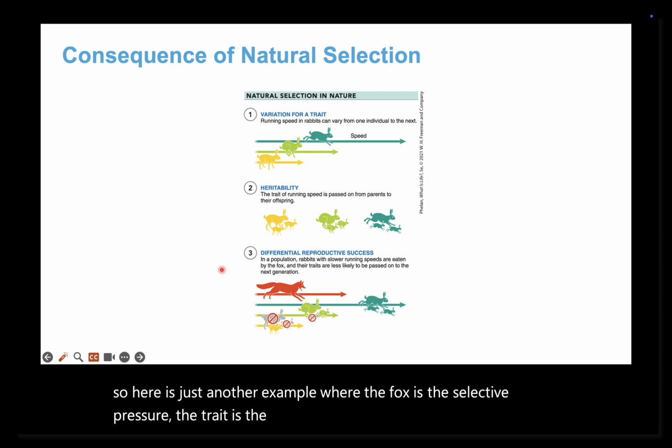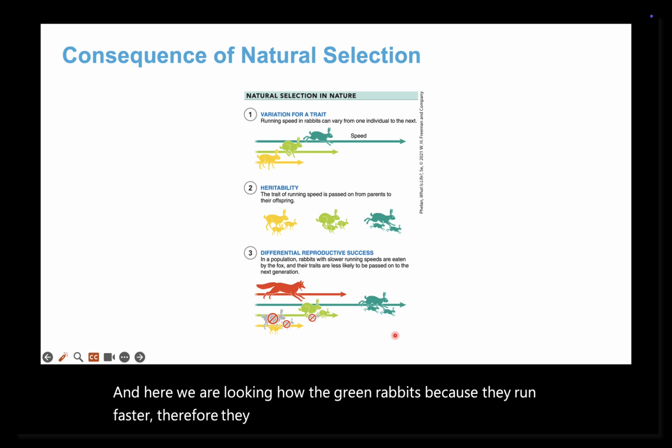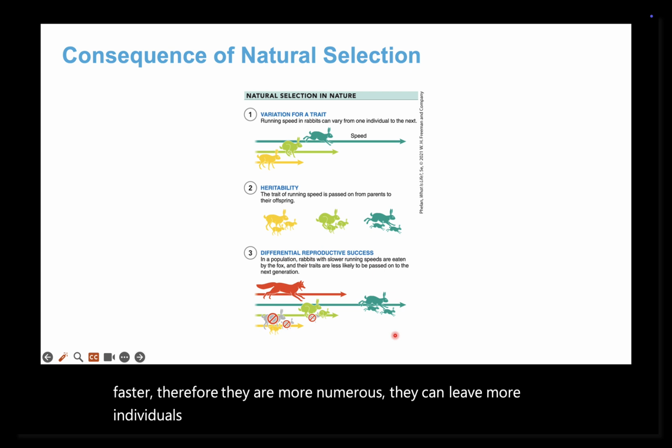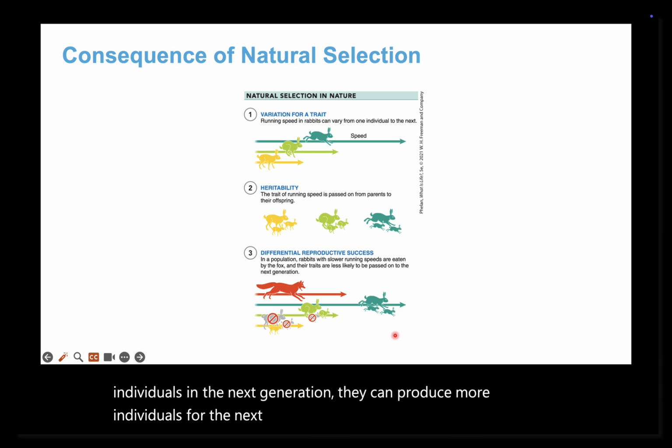So here is just another example where the fox is the selective pressure, the trait is the speed, and here we are looking how the green rabbits, because they run faster, therefore they are more numerous, they can leave more individuals in the next generation. They can produce more individuals for the next generation.